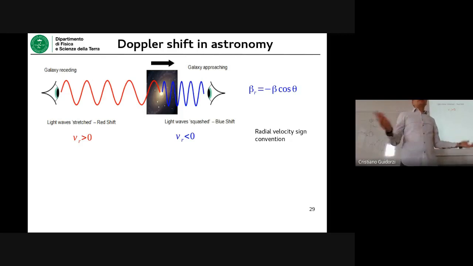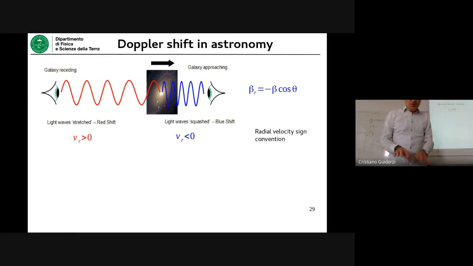On several different scales, you can think of stars belonging to our own galaxy which are moving, as every object in the galaxy is moving, also ourselves with the sun. So there is a relative motion. So if you're looking at a given star, the Doppler effect comes into play. There's no way you can escape it.